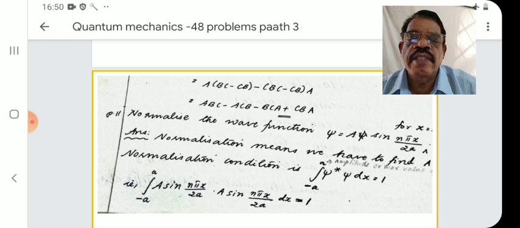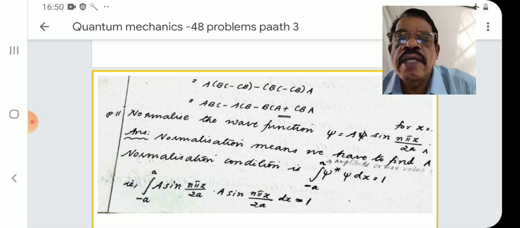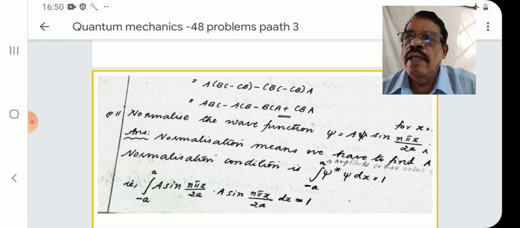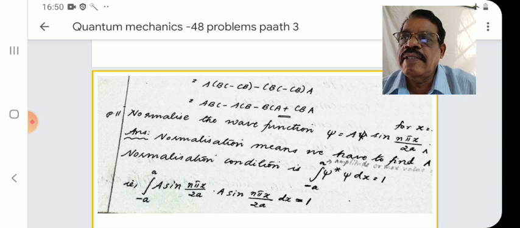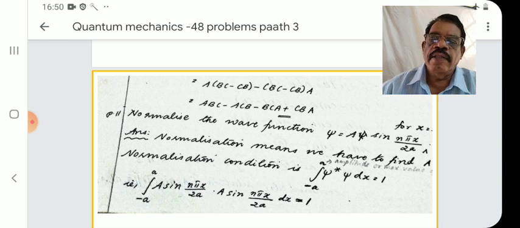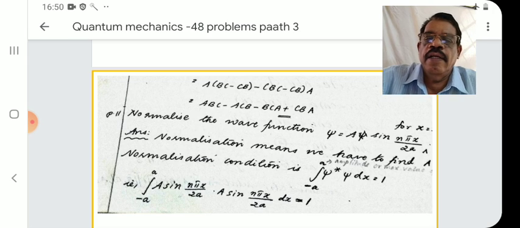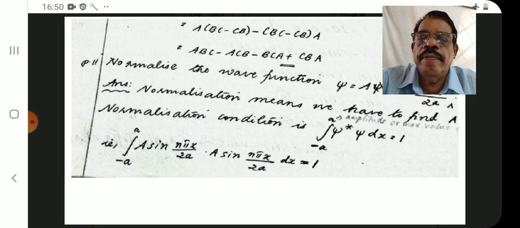You have to write that step also. Normalize the given function psi equal to A sin(nπx/2a) for the domain minus a less than or equal to x less than or equal to a. That is, we integrate from minus a to plus a and then normalize.